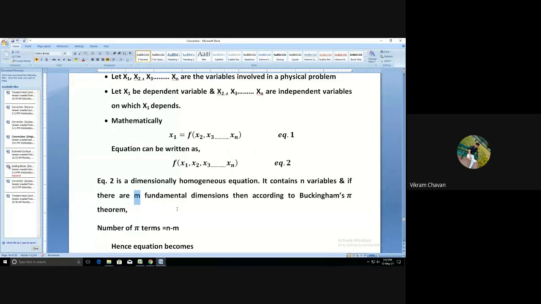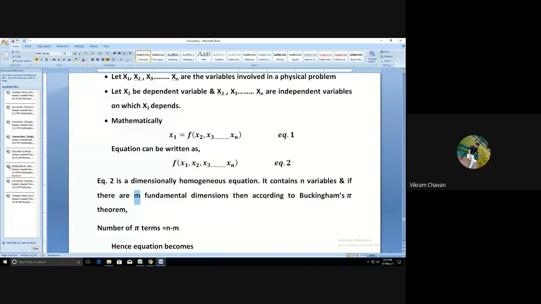We don't know how many fundamental dimensions are included, so in general we write m fundamental dimensions. Then our Buckingham theorem tells us that if there are n variables and m fundamental dimensions, then the number of pi terms is equal to n minus m.